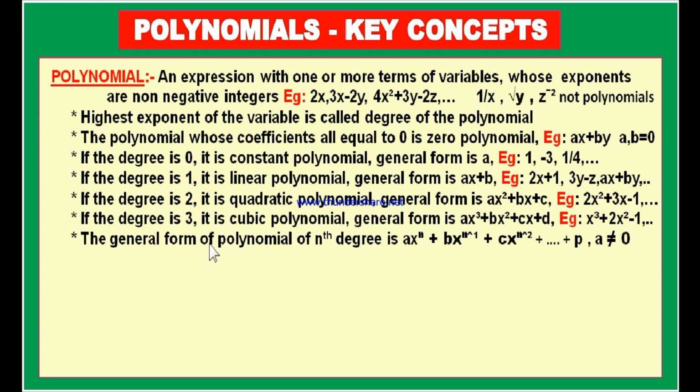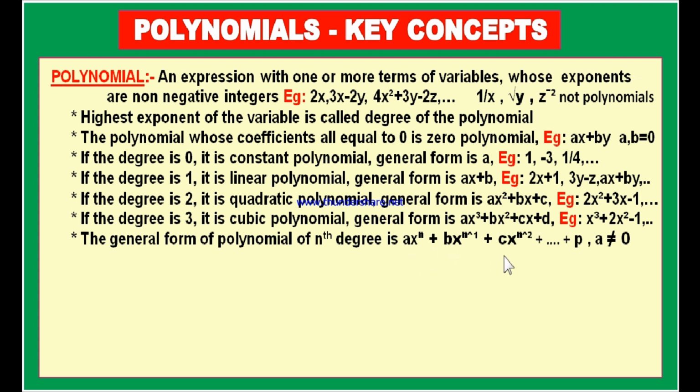Now what is the general form of a polynomial of nth degree? The general form of the polynomial of nth degree is ax power n plus bx power n minus 1 plus cx power n minus 2 plus so on plus p, where a not equal to 0. This may become the general form of the polynomial of nth degree.